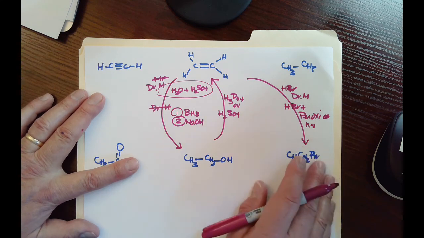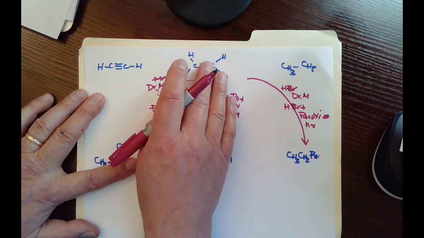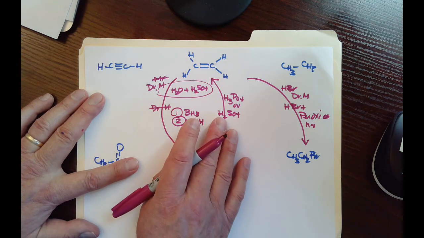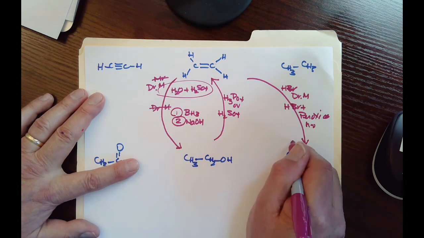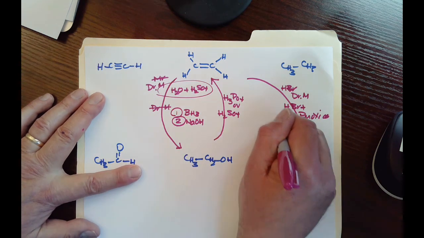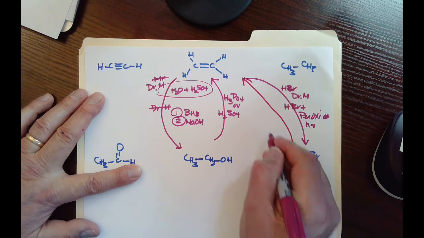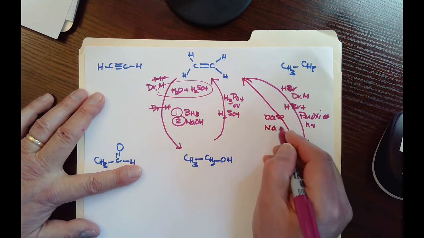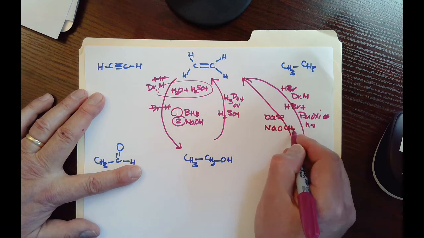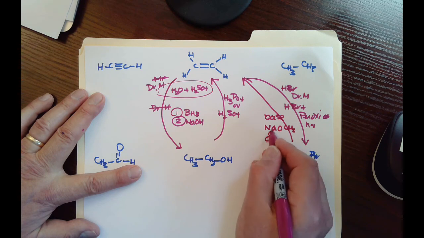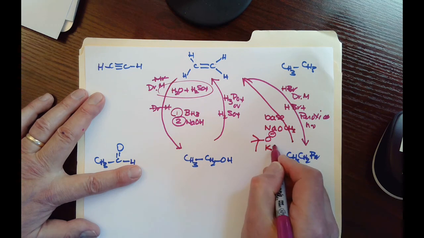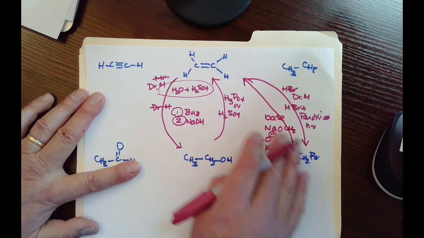What did we do for alkyl halides to go to alkene? We didn't use acid. We use a base. So going from here, I'm going to draw my arrow this way. We use a base, either sodium methoxide or a bulky base like potassium tert-butoxide. Go from here to here.